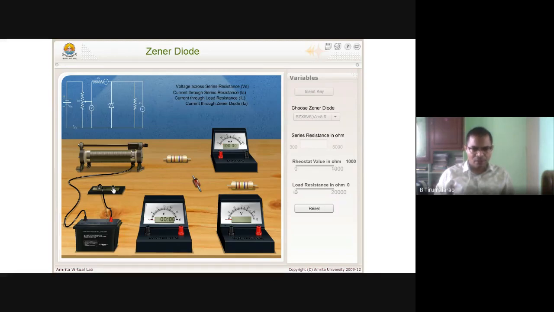The key is connected to the rheostat's terminal. This rheostat is connected to the negative terminal of this voltmeter. Another end is directly connected to the Zener diode, C.